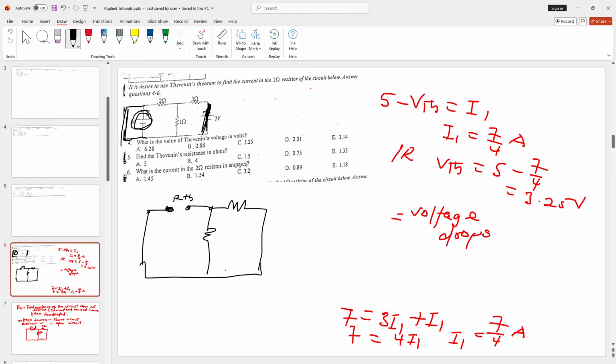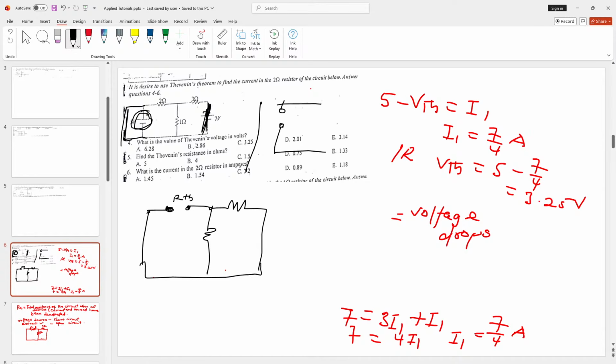Do we get it? If there had been a current source inside, we would have open circuited it. Open circuit looks like this. Short circuit is straight. I hope we all get it. So what you are supposed to do is find the RTH, that's the equivalent or total resistance. What happens in the open circuit here? Nothing actually happens.